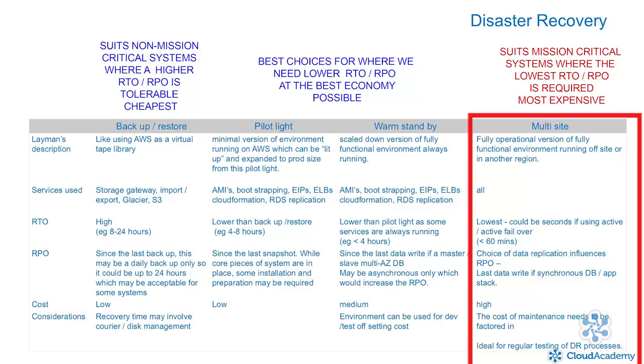If we're using synchronous databases, then yes, it'll be a matter of seconds. If it's still using asynchronous databases, then we're going to have an RPO of the last data write. So the cost and maintenance overhead of running a multi-site environment needs to be factored in and considered. The benefit is that you have a regular environment for testing DR processes.